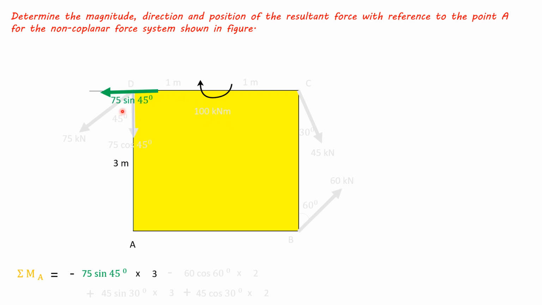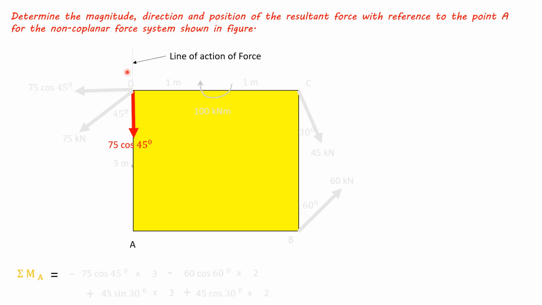So 75 sin 45 into 3, rotating about point A anticlockwise, so minus. Now consider this other component. Its line of action passes through point A, so it has 0 perpendicular distance and its moment will be 0.